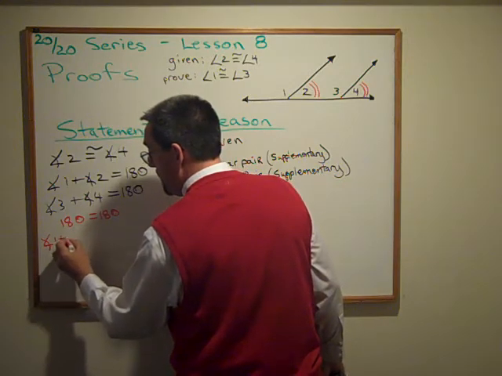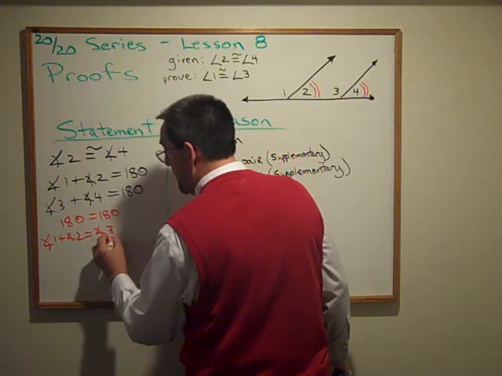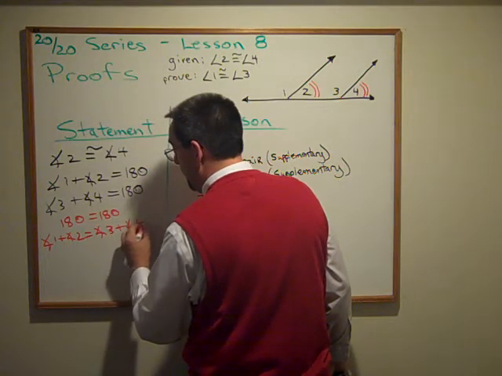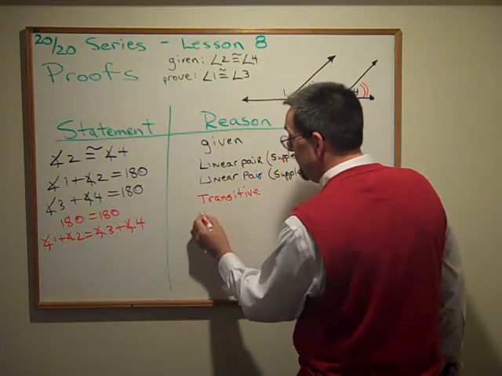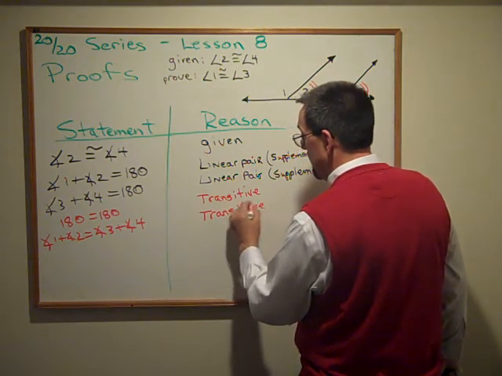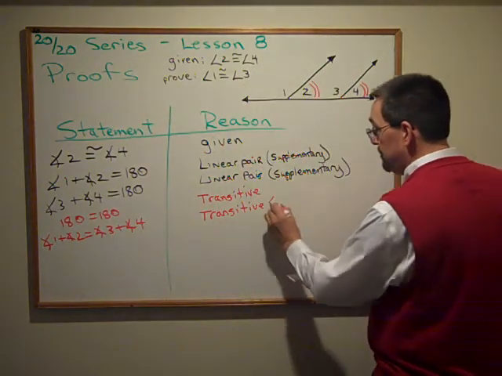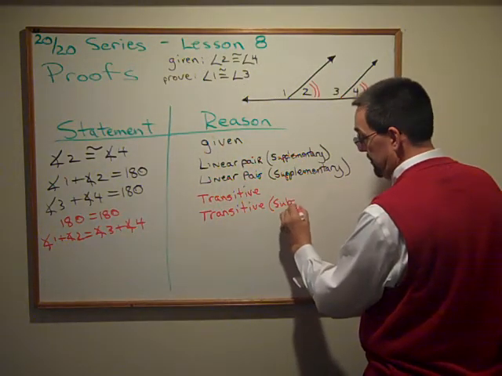Angle 1 plus angle 2 is equal to angle 3 plus angle 4. Same deal. We're just taking two equations and setting them equal to each other. If you wanted, you could actually use the word substitution there also. Good.